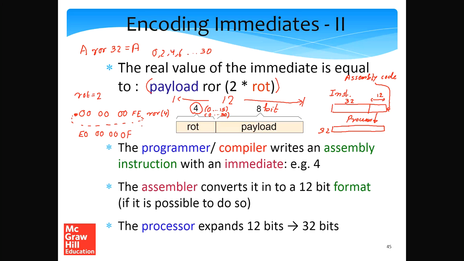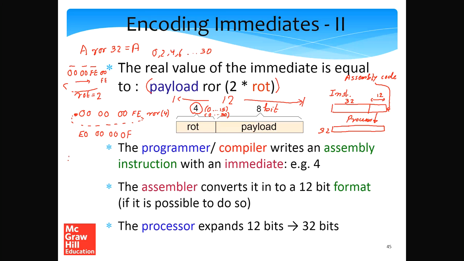For example, it is very easy to encode a number of this fashion in the ARM ISA. So what is this like? I have FE over here and I right rotate it by a certain number of positions till it reaches over here. So how many positions would this be? If I right rotate FE by 8 positions, it will reach here. 16 positions, it will reach here. 24 positions, it will reach here.